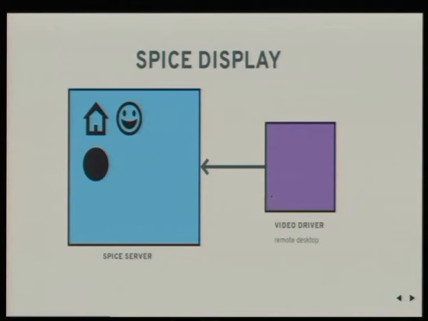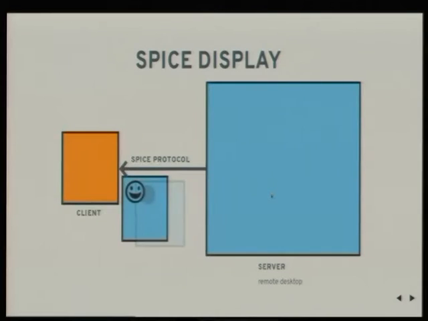So it asks the video card to do some rendering. But with Spice, the video driver forwards this image data to Spice server instead of doing any rendering. After that, when the server gets the data, it just sends it to the client.